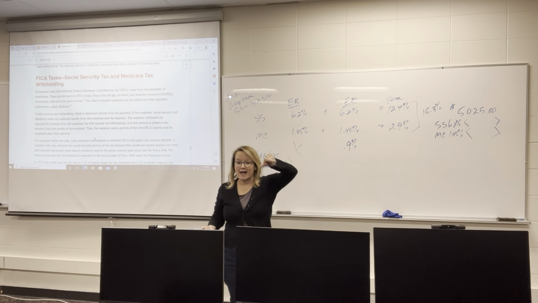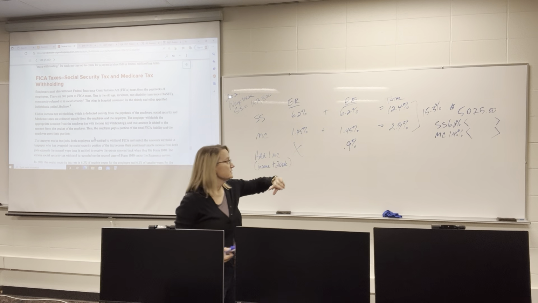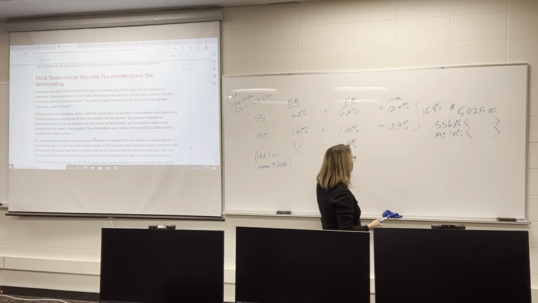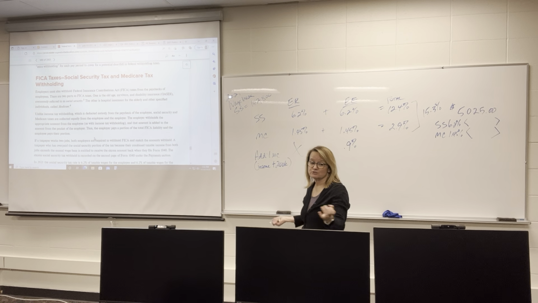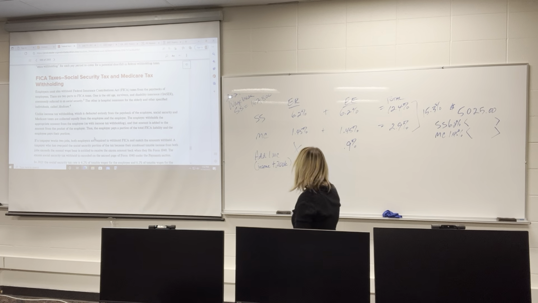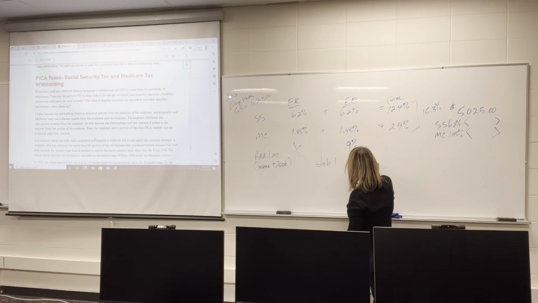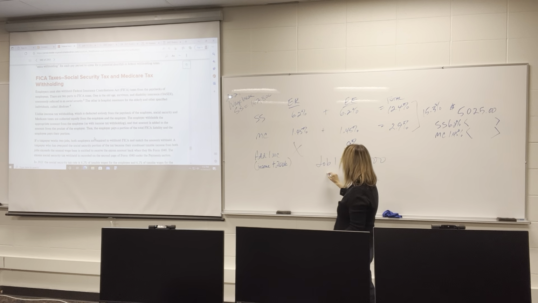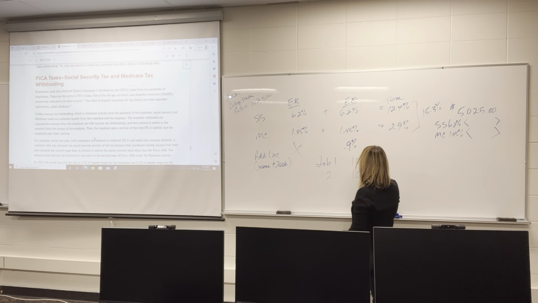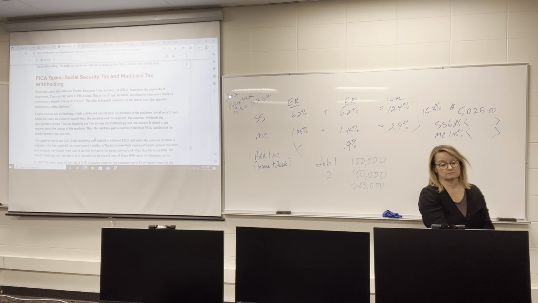Now, what happens is sometimes you'll have an employee who got 2 jobs during the year. Maybe job 1, they made $100,000, and then they switched jobs. Job 2, they made another $100,000. So $200,000 in total. Their wage base is 142.8. Great.